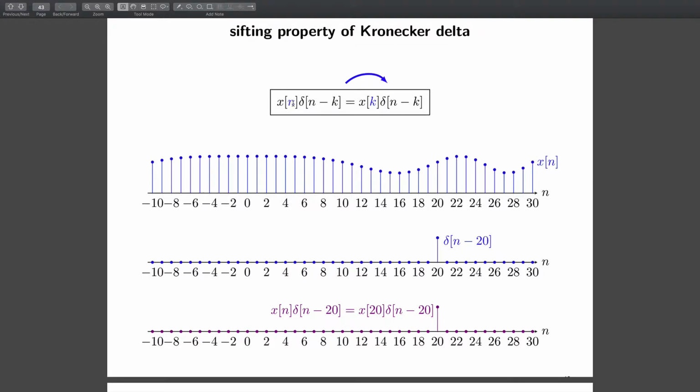And so we're able to replace the independent variable n with k. That's called the sifting property. And you can use it in either direction. If you see this appearing somewhere in an equation, you can replace it with that. Or if you see this appearing in an equation, you can replace it with that. And keep in mind the picture to go along with the math.